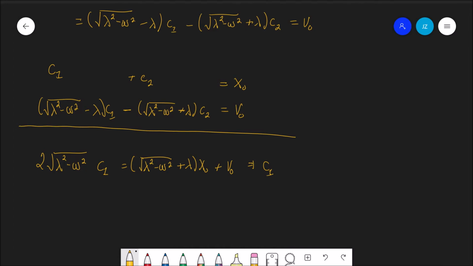And so C1 winds up giving the square root of lambda squared minus omega squared plus lambda all over 2 square root of lambda squared minus omega squared x naught plus 1 over 2 square root lambda squared minus omega squared all times V naught.